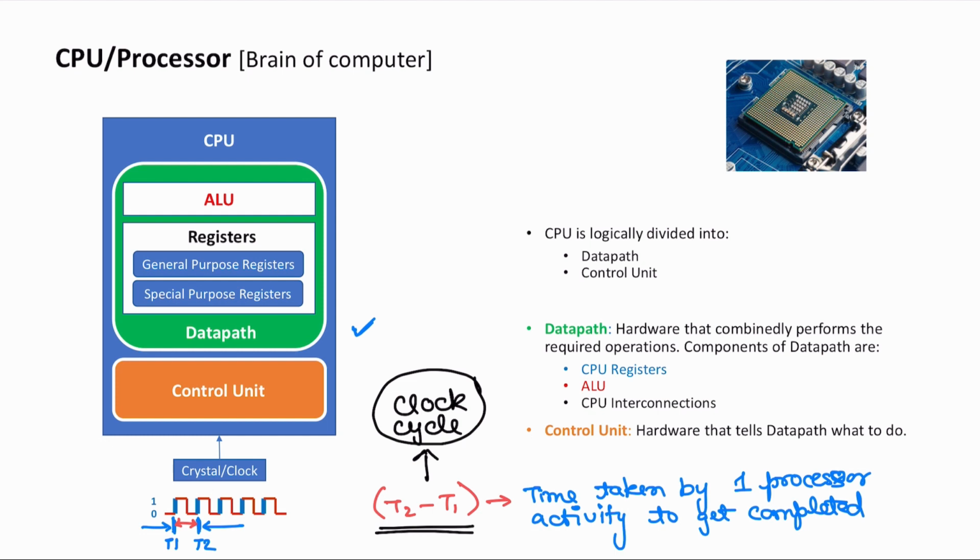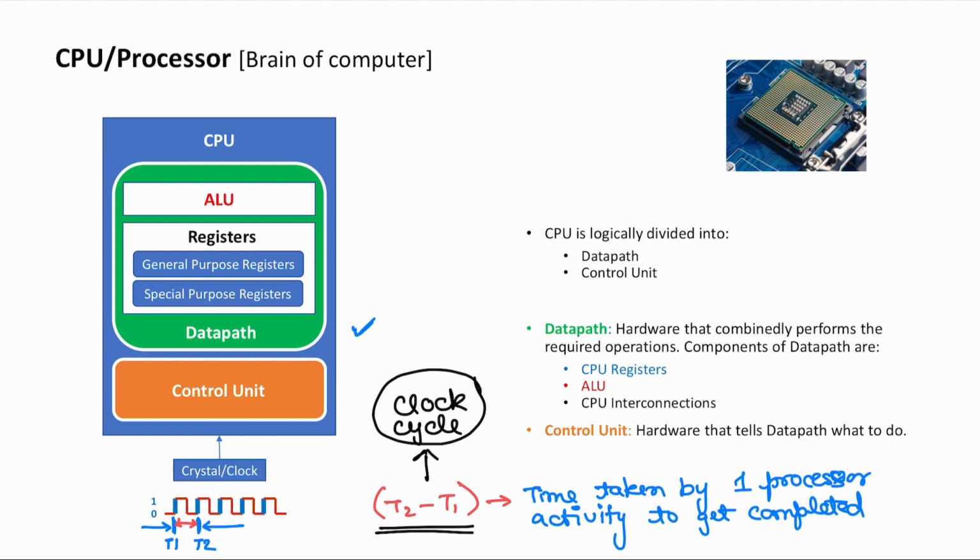Since only simple commands can be carried out in each clock cycle, most CPU processes need multiple clock cycles. One such simple command, a simple processor activity, is the fetch operation.